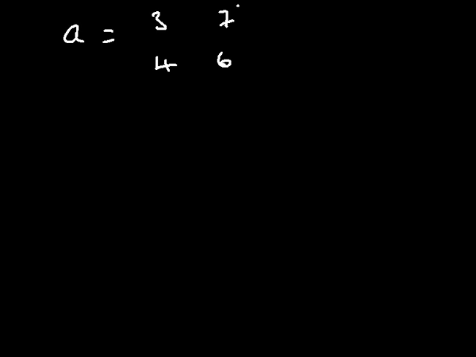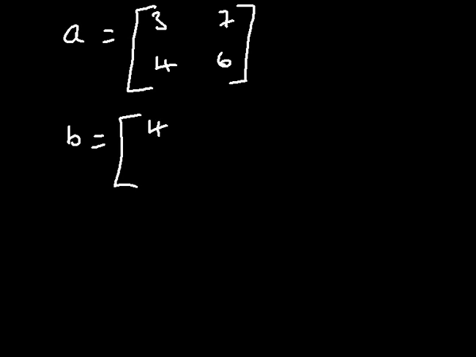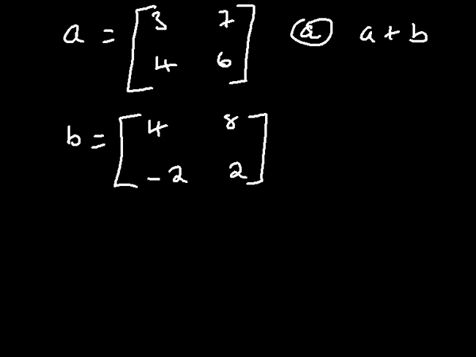By the way, the brackets can be closed brackets or just the way we are having those. Let's say we have the matrix B, given as 4, negative 2, 8, 2. Now evaluate matrix A plus matrix B.